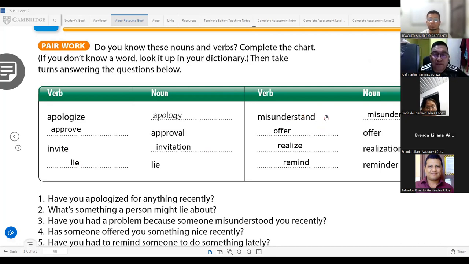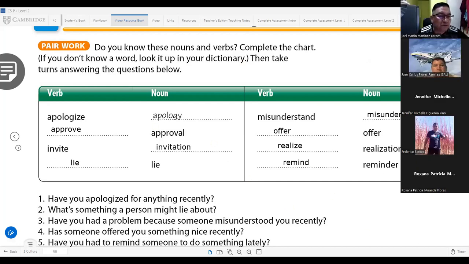Misunderstand, misunderstanding. Offer. Realize, realization. Remind, reminder. Okay, from the list or from the chart, did you find any words?